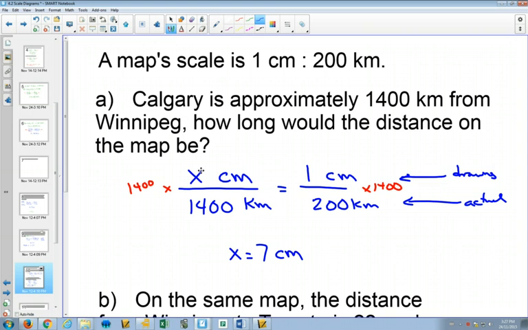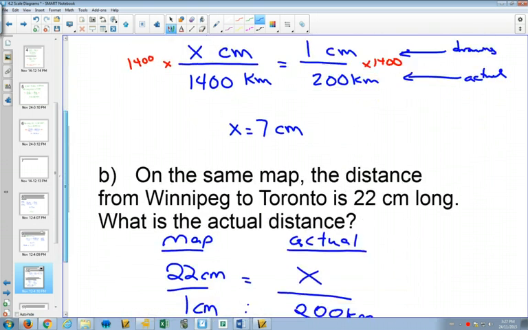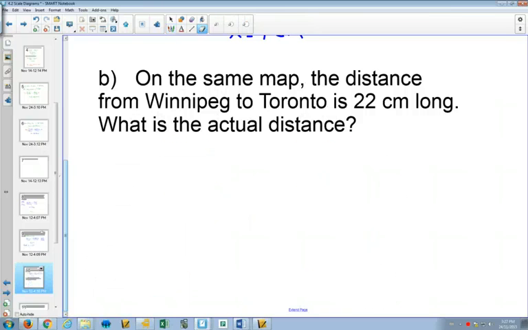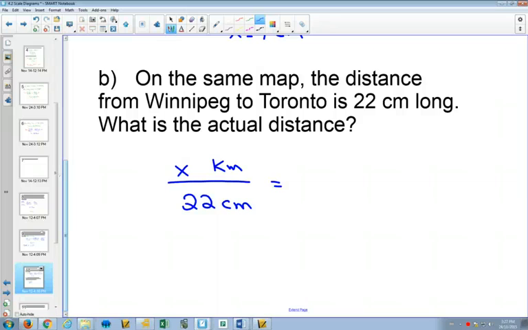We got to do part B. On the same map, the distance from Winnipeg to Toronto is 22 centimeters long. Now we want to find the actual distance. What are the units for the actual distance? Kilometers. We want to find out how many kilometers is 22 centimeters. We knew that 200 kilometers was 1 centimeter.